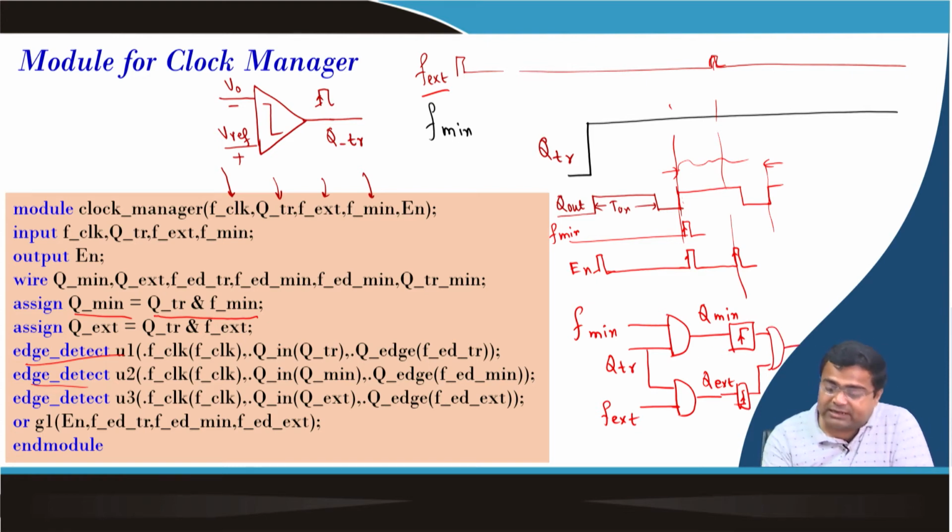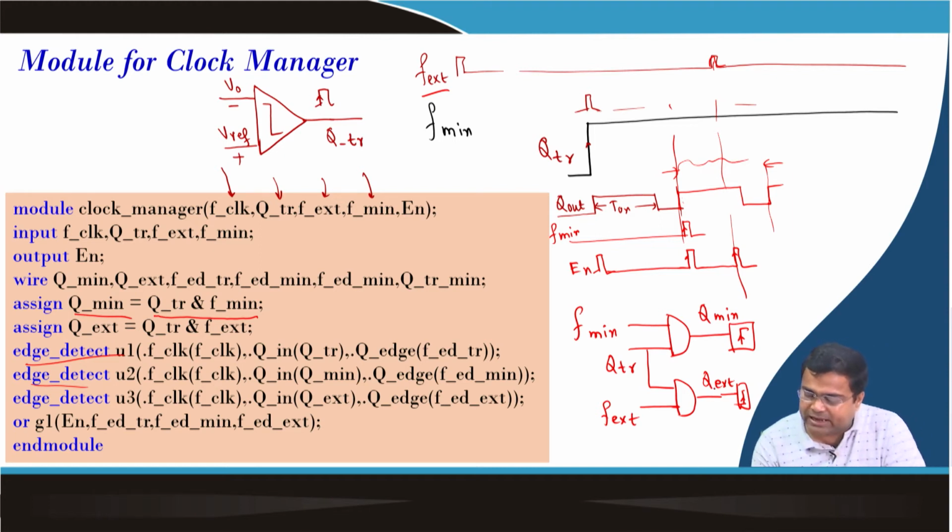These edges are finally ORed. Since these two edges only take this, we also need to consider another edge. What is that edge? The edge of the QTR itself, because we also need to identify the edge of this signal as well. So there will be an edge detection circuit for each. One is the F mean edge, another is the F external edge, and another I want to say is the F QTR edge.